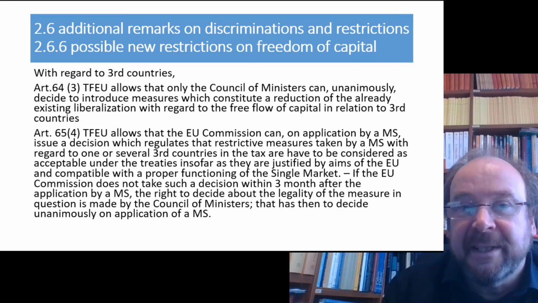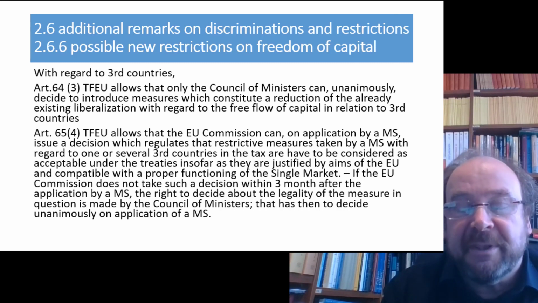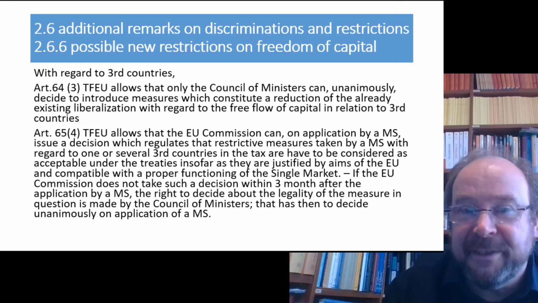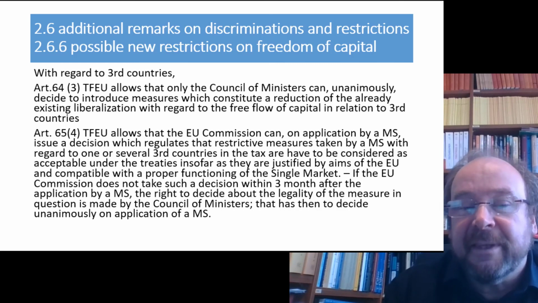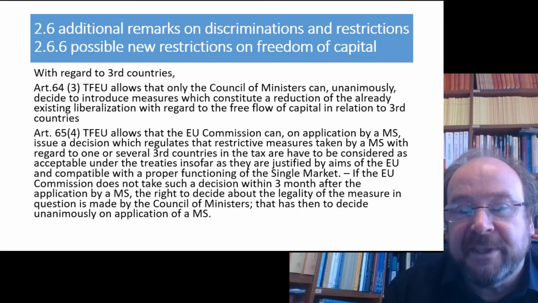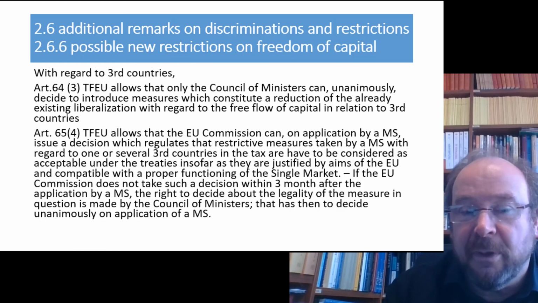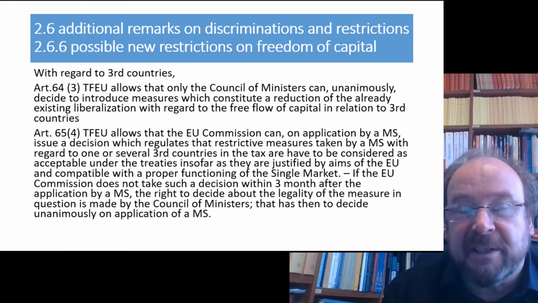But, surprise, this is then open to material review by the ECJ because there are conditions posed here. The measure in question must be justified by aims of EU law and compatible with the common market. And so the Court of Justice can be asked by other courts for a preliminary ruling.